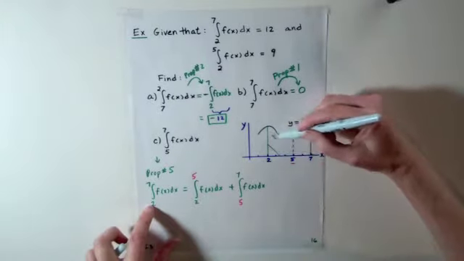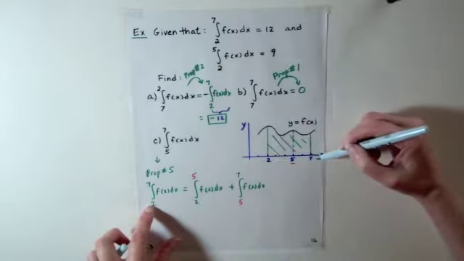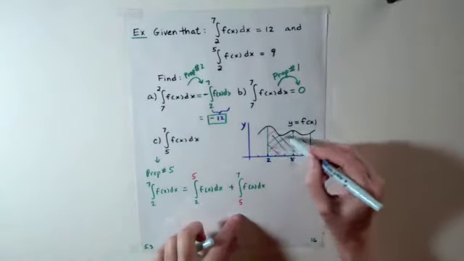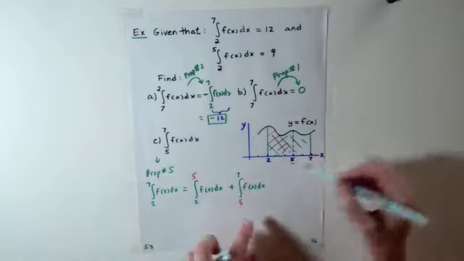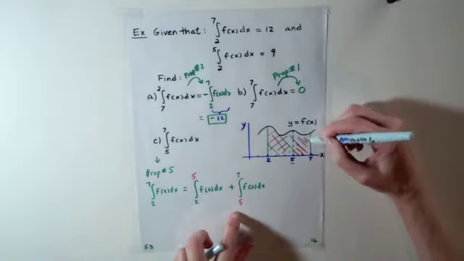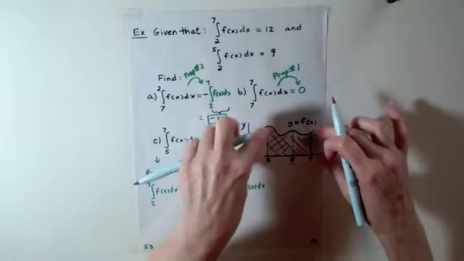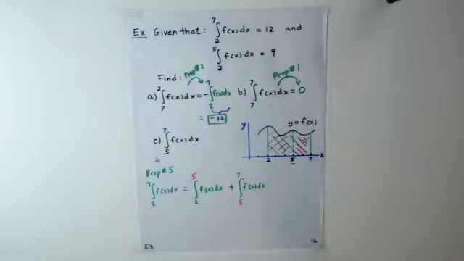Essentially, we're saying this whole area from 2 all the way to 7 should be equal to the area from 2 to 5 plus the area from 5 to 7. So if we do these two areas separately, it should be the same as the total green area from 2 all the way to 7.